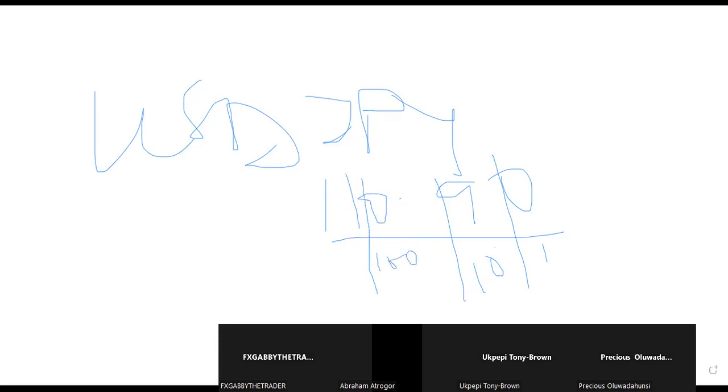So if we say the price of USD JPY currently is at this place, what does it mean? 110.96. How many pips has this market moved? Since this is a unit and we just shifted with 6, with a value of 6, that means what we have here is 6 pips.